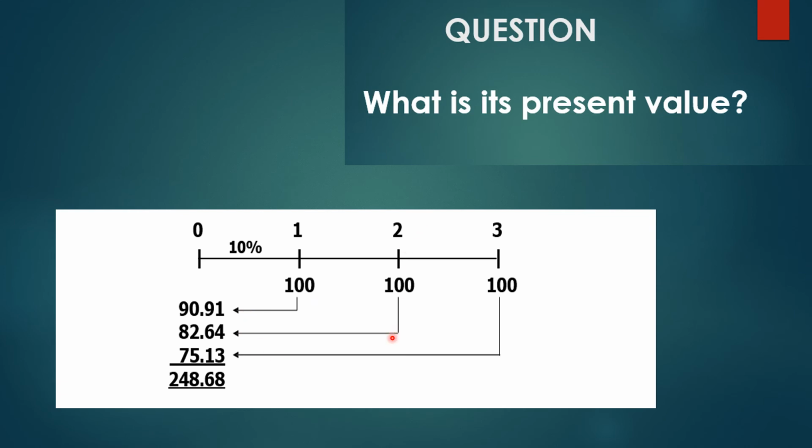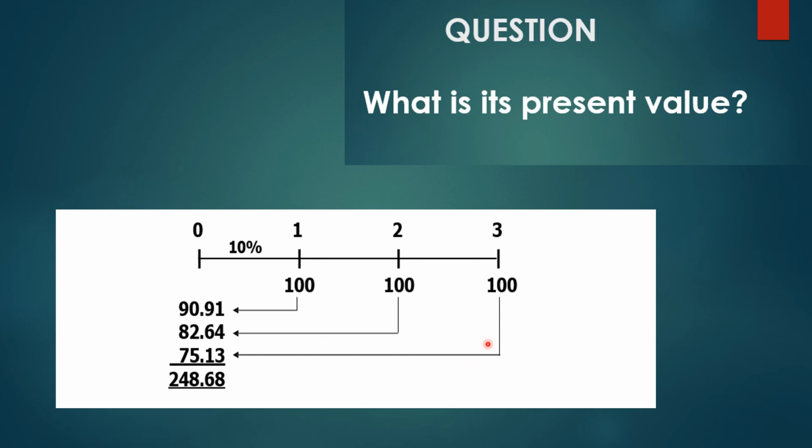On year 2, you just follow the same formula. So the annuity divided by 1 plus i raised to N. So our N here now is 2. So 1.1 raised to 2. Actually we have 1.21 as denominator. So 100 divided by 1.21, we get 82.64. Okay, do you follow?